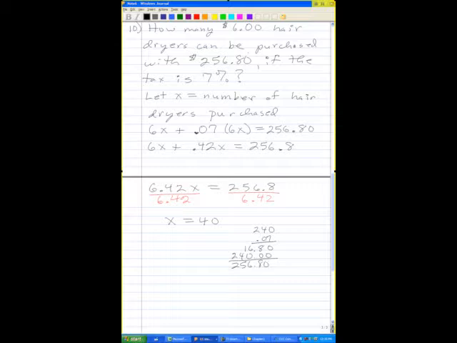So you purchased the 40 hair dryers for $256.80. So yes, it checks. You can purchase 40 hair dryers.